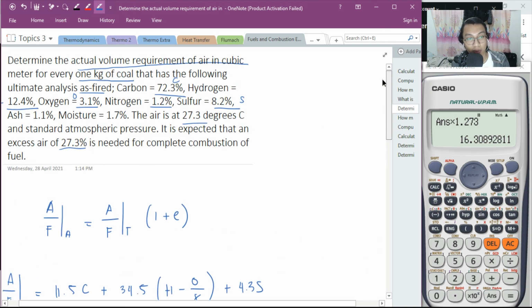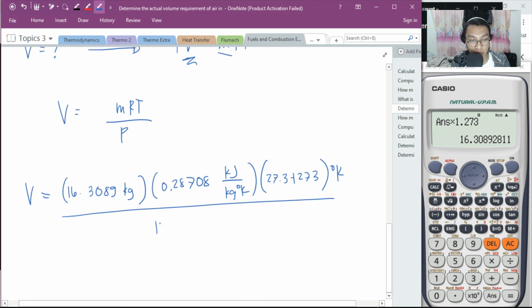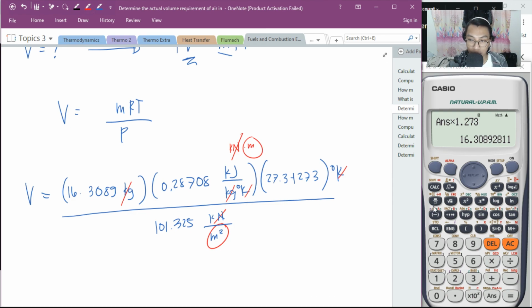Atmospheric pressure. So, 101.325 kilonewton in every meter squared. Cancel all the same units. So, cubic meter ang kalalabasan.